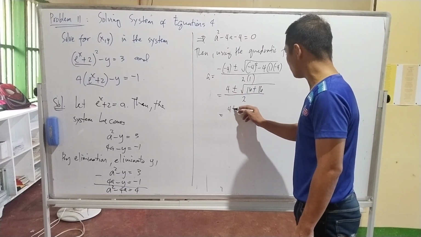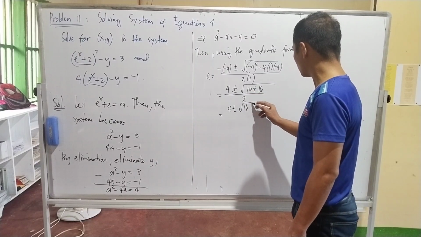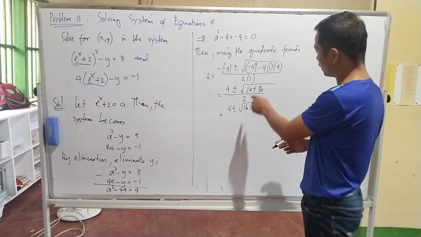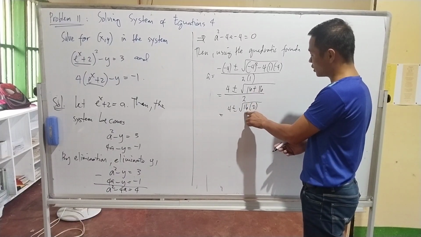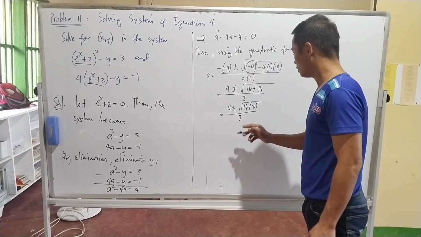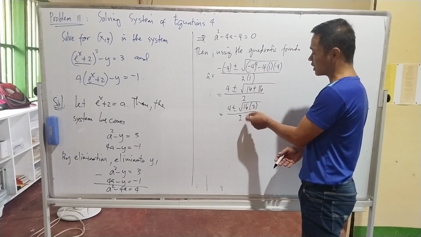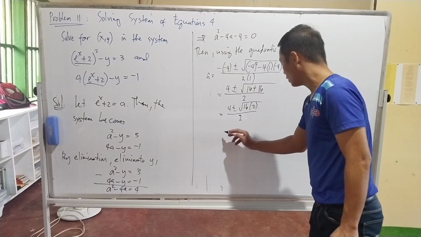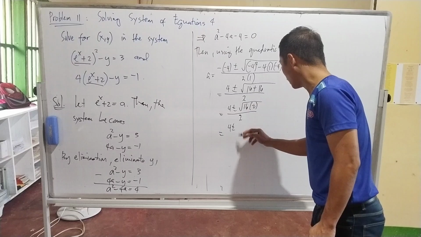Then 4 plus or minus the square root of 16 times 2, because they have a common factor which is 16, with 1 plus 1 being 2, over 2. Or you can also add this: 16 plus 16 is 32, just like 16 times 2 is 32 also. Then we now have 4 plus or minus the square root of 32.